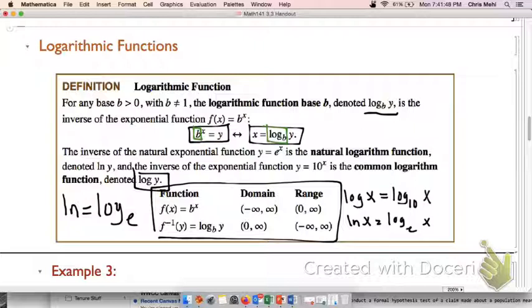Notice that you use the same base in both: exponential base b and logarithm base b. Notice that the domain and range have swapped because they are inverse functions. We learned in section 3.2 that when you convert from a function to its inverse, the domain becomes the range and the range becomes the domain and vice versa.